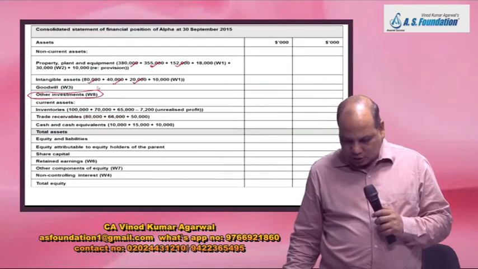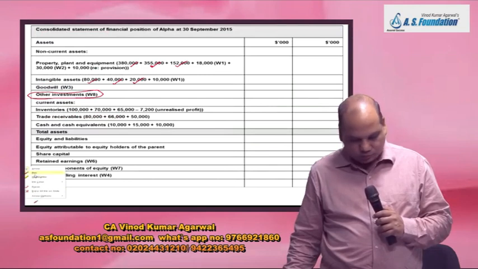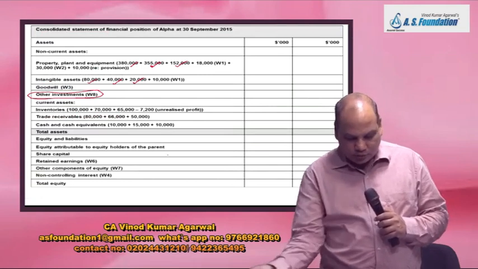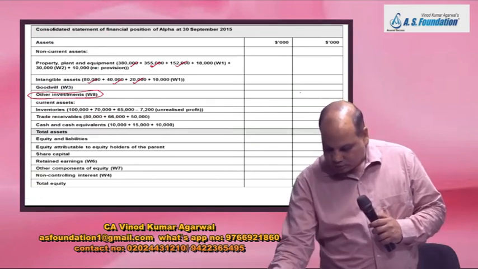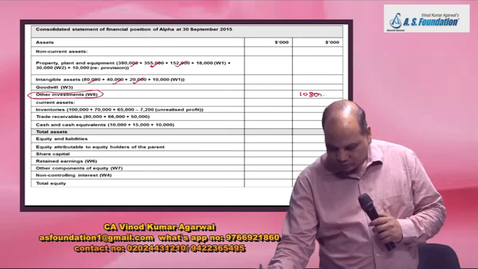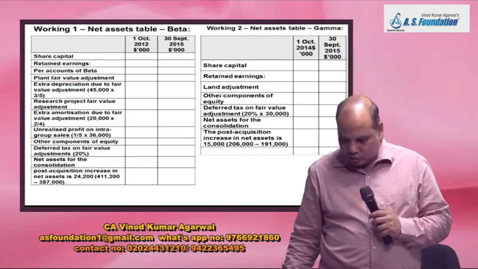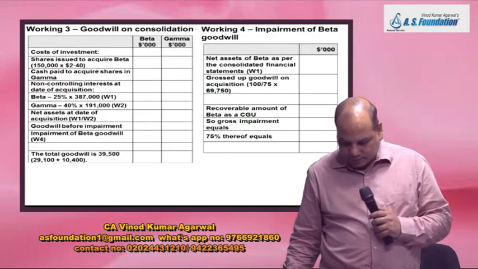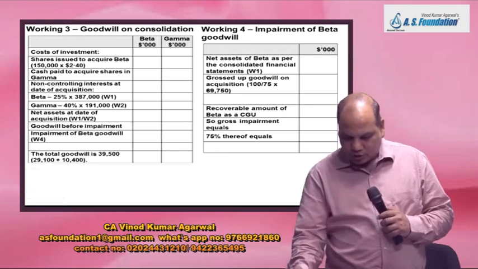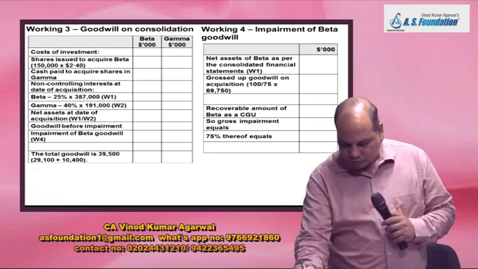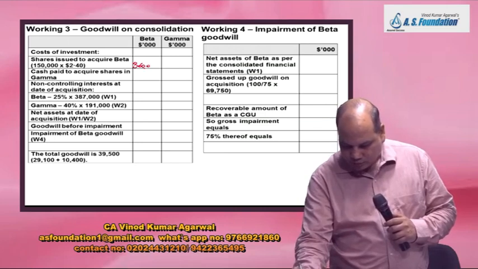Balance sheet you write investment. How much you said? 10,800. Then we'll go to goodwill working. Cost of investment, shares issued to Beta, 3,60,000.